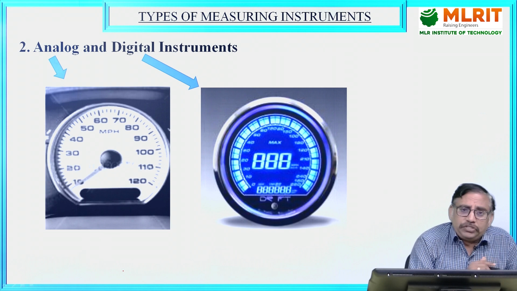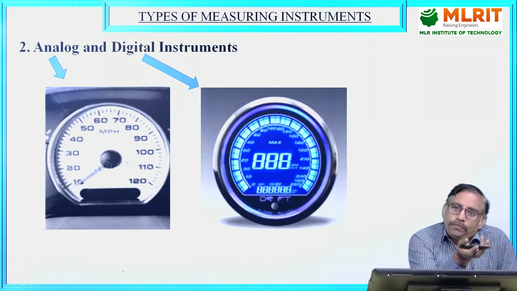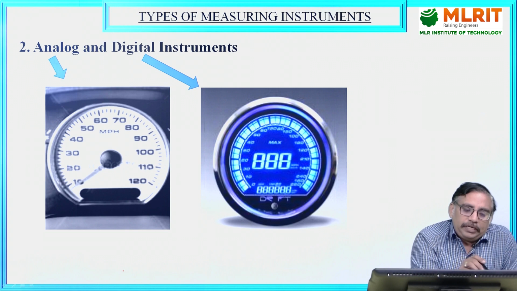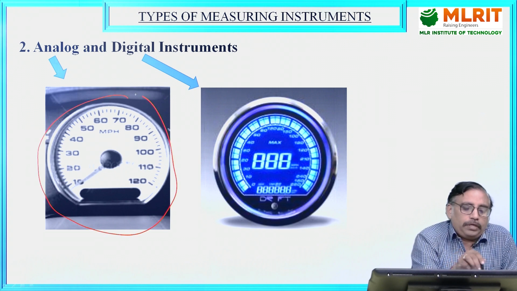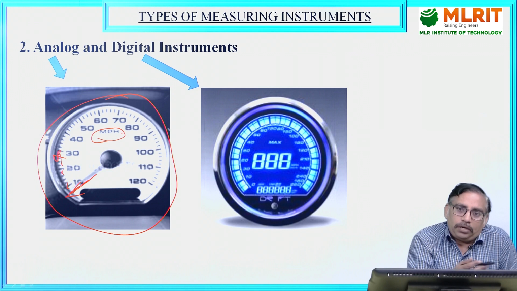So analog and digital. This analog and digital, as we are seeing in daily life while riding a two-wheeler or three-wheeler or four-wheeler, we can see. So this is analog in numerical, right? Whenever this pointer is being deflected to 10, 20, 30, if it is mph, miles per hour, or it may be kmph, kilometers per hour.